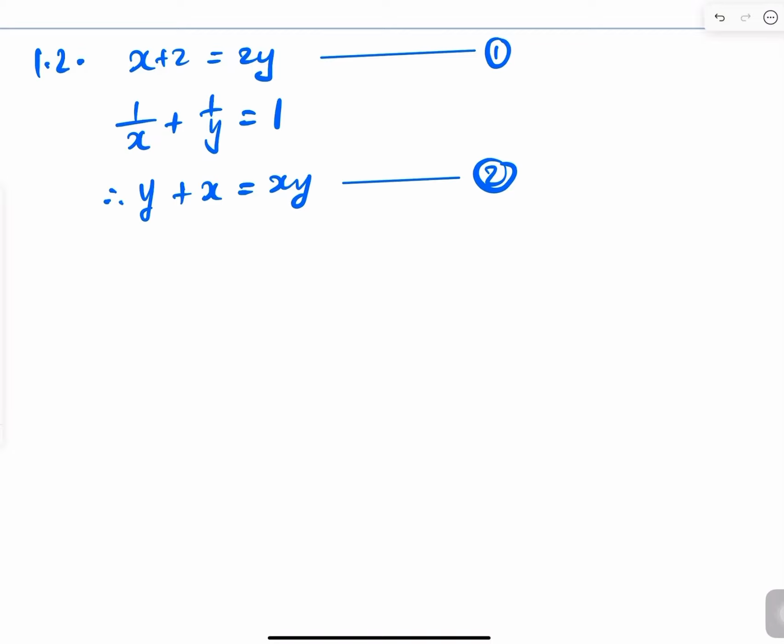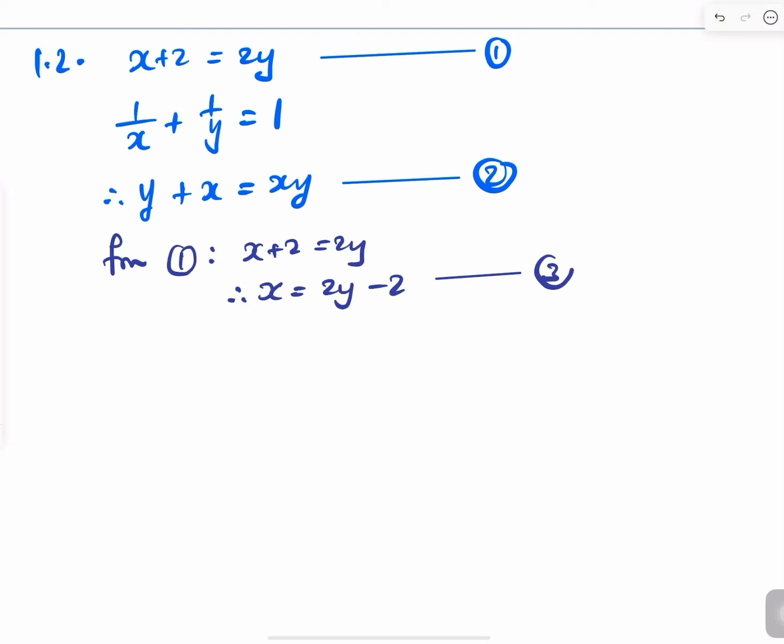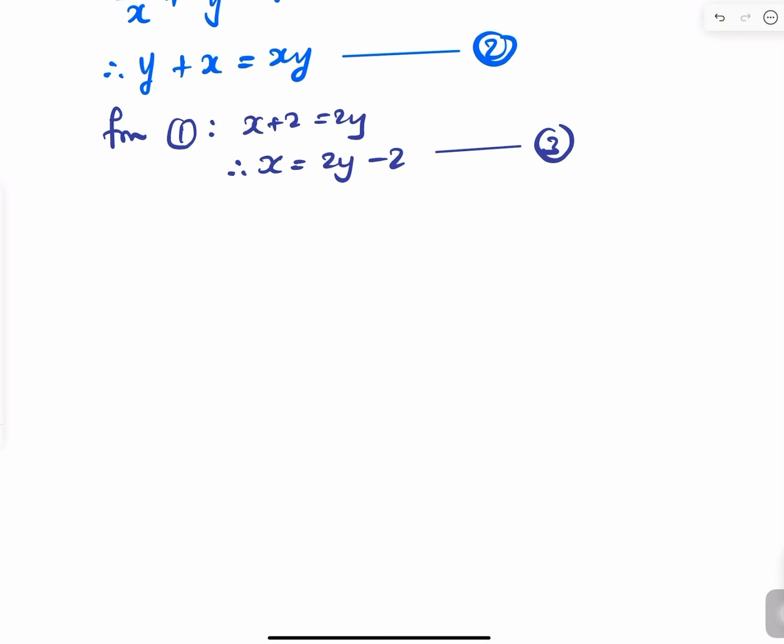Now you want to solve them simultaneously. From the linear equation, which is the first equation, you have x plus 2 is equal to 2y. I'm going to make x the subject of the formula. So x is equal to 2y minus 2, and that is going to give me the third equation. So now to solve this nicely, substitute 3 into equation 2.